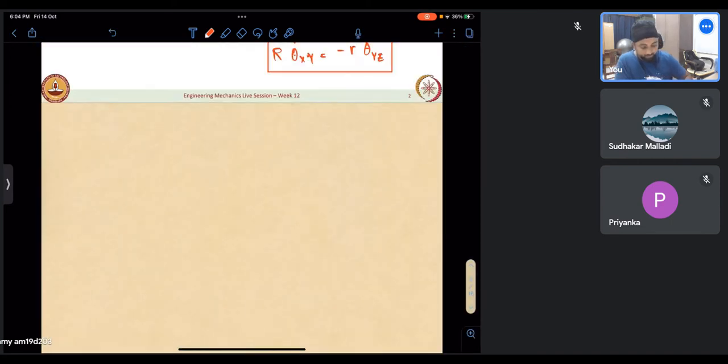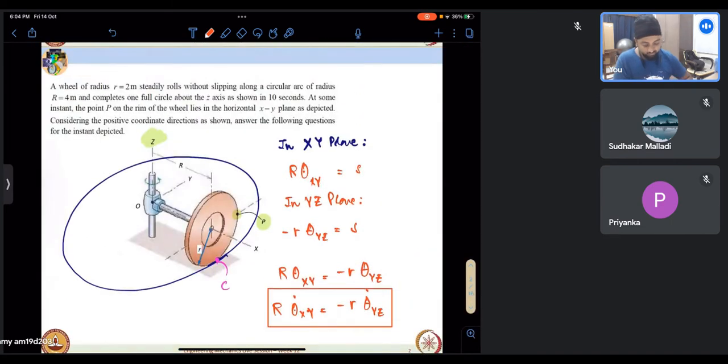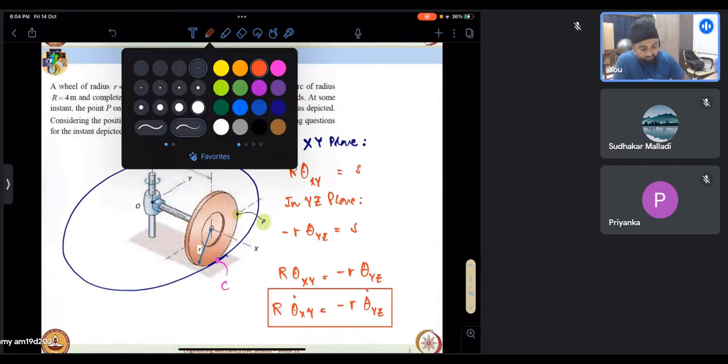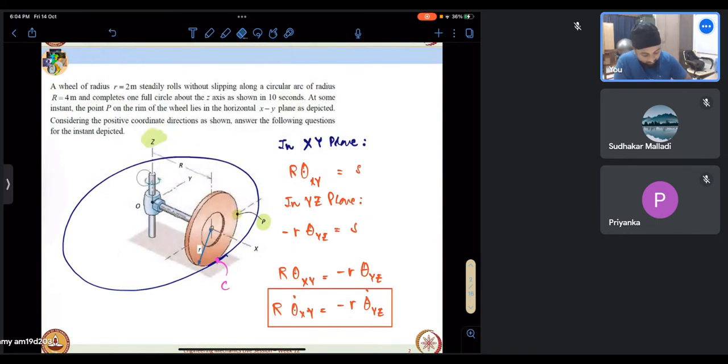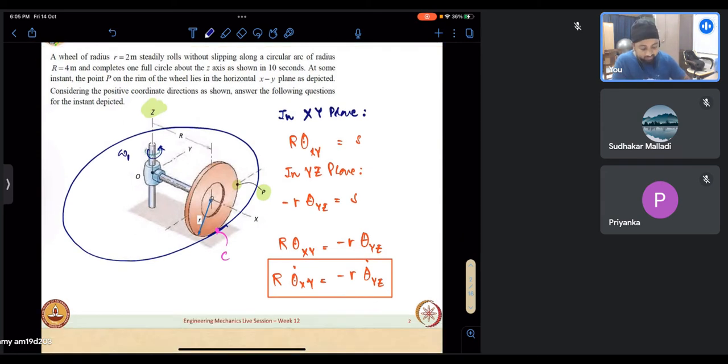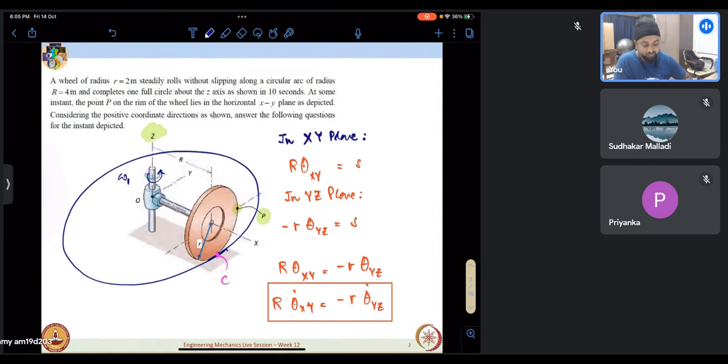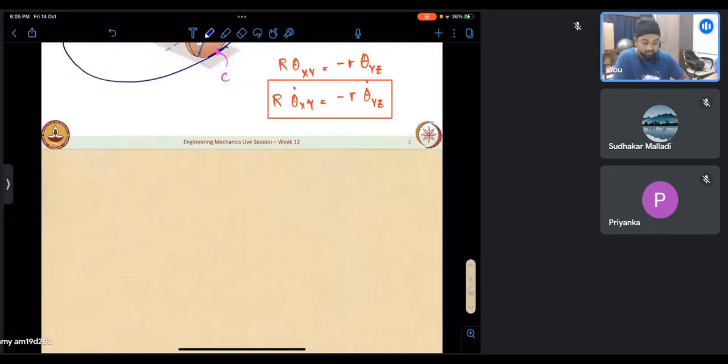Okay, so now let us look at what this angular velocity actually is, the value. Let us call this omega 1. It says that the entire wheel completes one full circle of radius R in 10 seconds while steadily rolling.